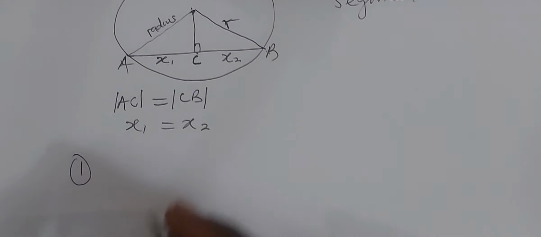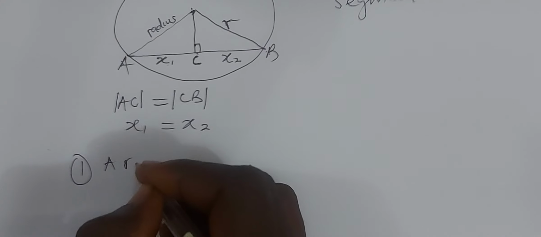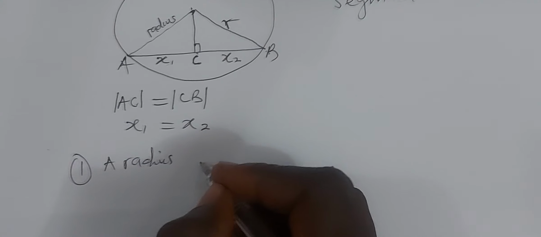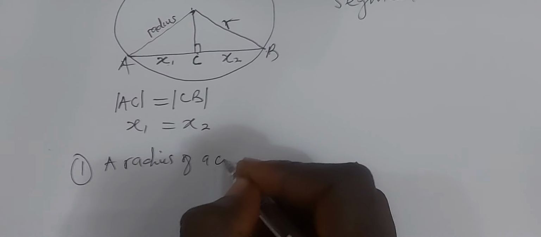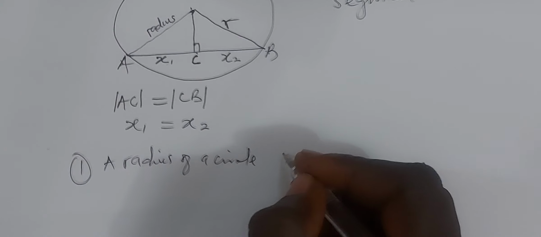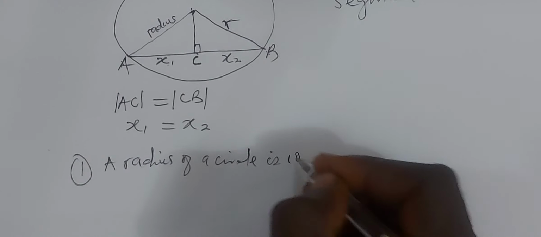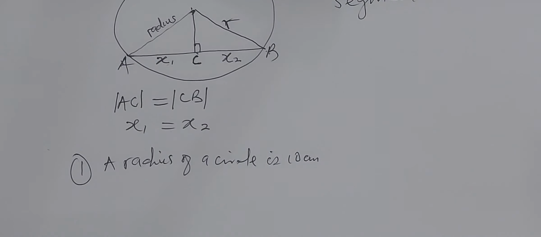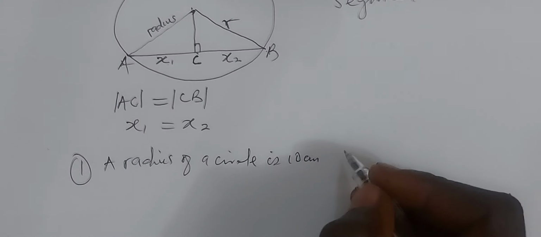The radius of a circle is 10 centimeter.